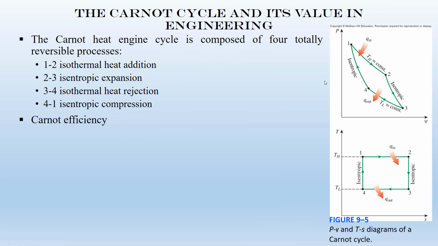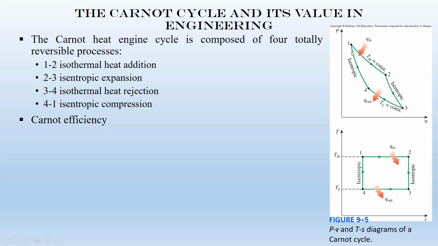Before we start the gas power cycles, it's a good idea to go over the Carnot heat engine cycle. If you remember from chapter 6, each and every Carnot heat engine cycle includes 4 totally reversible processes: 2 isothermal steps and 2 isentropic steps.